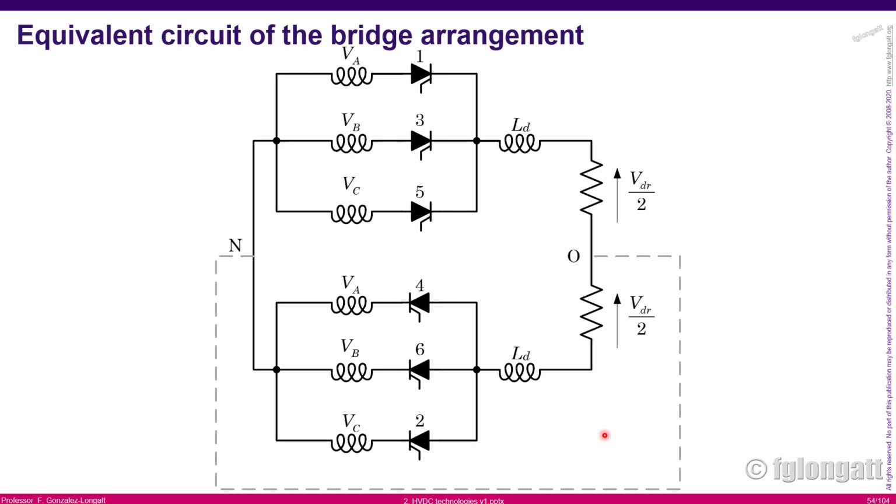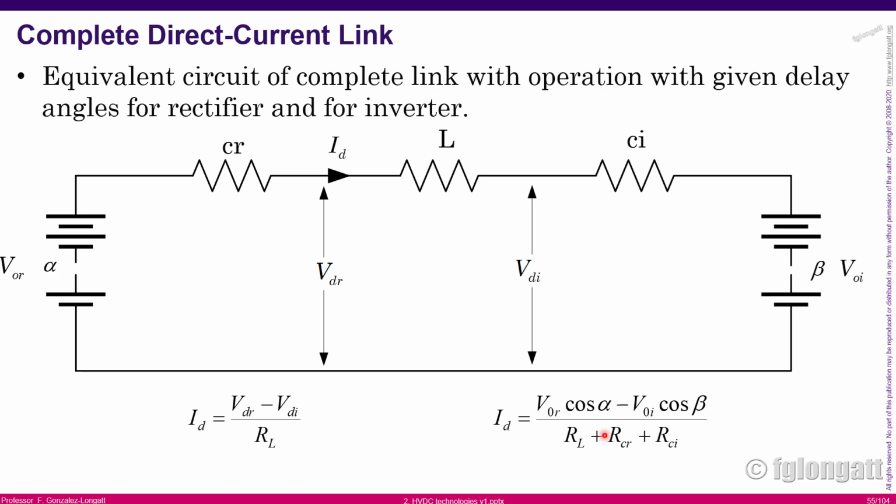Here we have an equivalent bridge. Over there, as you can see, there are 6 devices because this is a 3-phase bridge. And what I want you to understand is that HVDC systems can be represented by this very basic representation, okay?